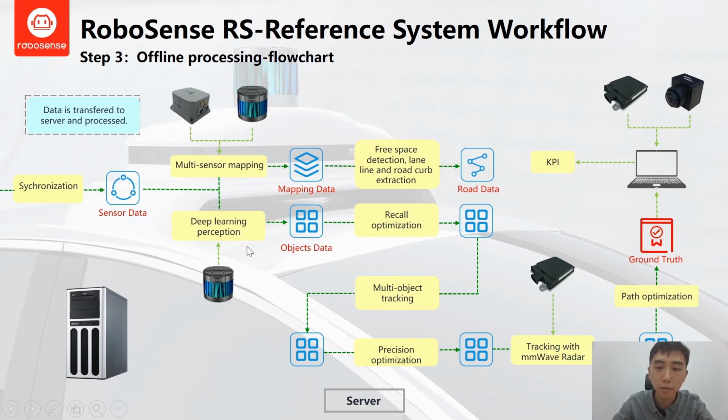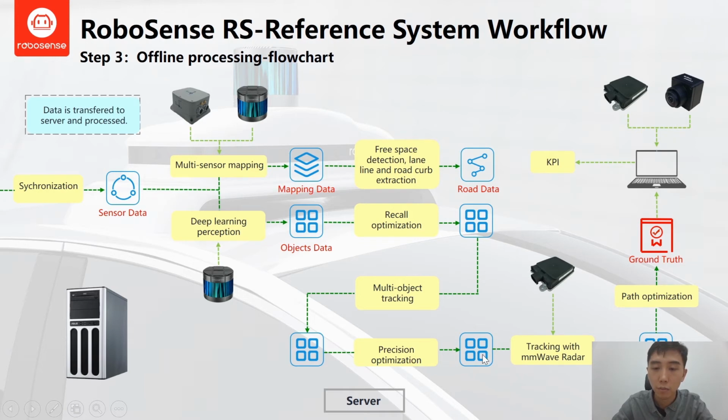For the perception part, first we do a deep learning perception for the initial operation. After this, most of the objects are detected correctly, but there are still some false negatives and false positives. Then we use some machine learning algorithms and other rules to optimize the recall and the precision.